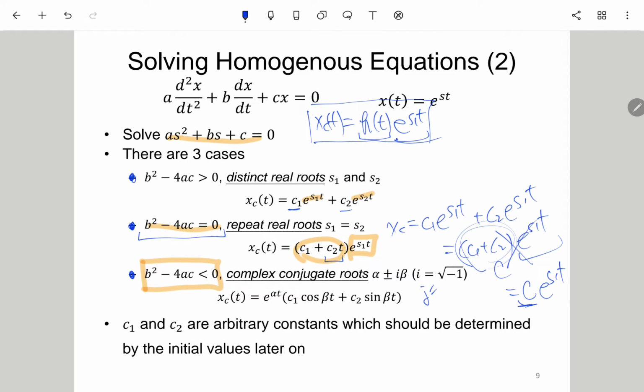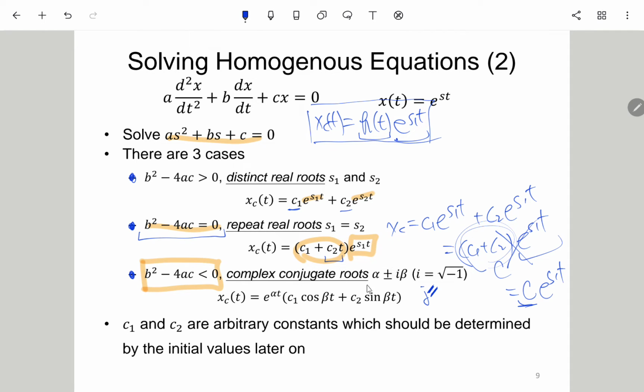Because for electrical engineering, I think all the textbooks use j rather than i, because we already have i used for the current. So I always reserve i for the current, and we always use j to represent the square root of -1. I have never seen an electrical engineering textbook that uses i. So remember, sometimes I will write j, just because I am used to it; for 20 years I have written j, exponential to j and so on. Some places here have i.